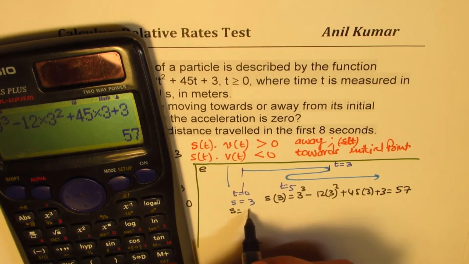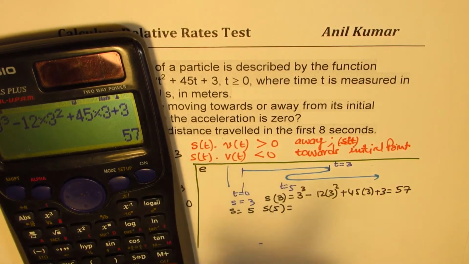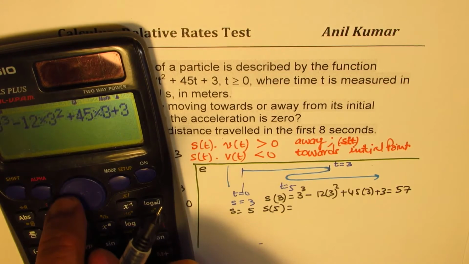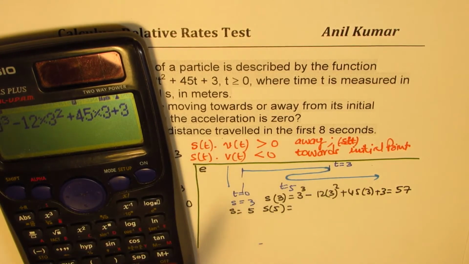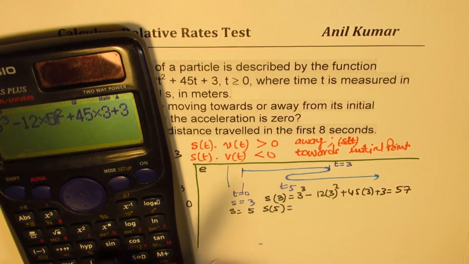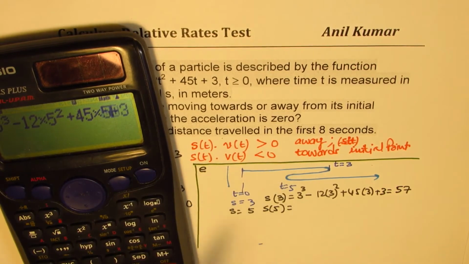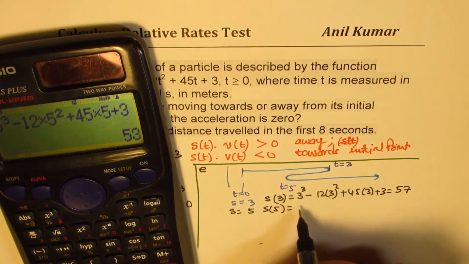Now at t equals 5, we'll just replace 3 with 5, correct? And recalculate. And that is equal to 53.